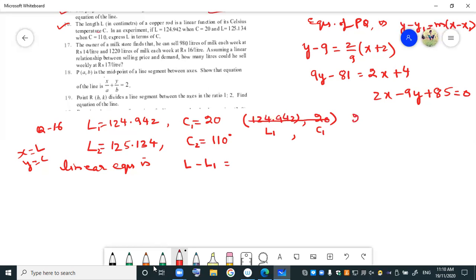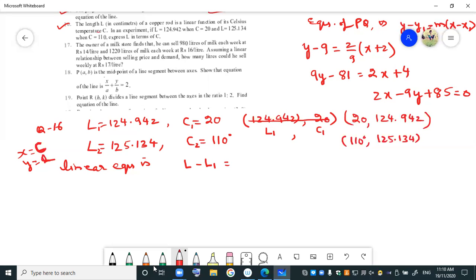This one, 20, should be x1, and 124.942 will be y1. So we are taking y as L and x as C, Celsius. Similarly, here temperature we take on the x-axis and the length of the rod on the y-axis. So that means y is L.